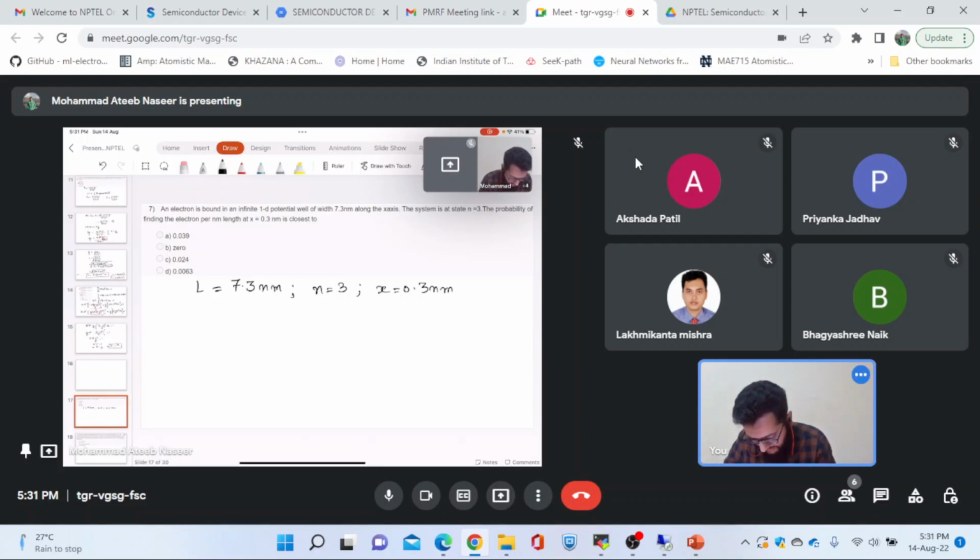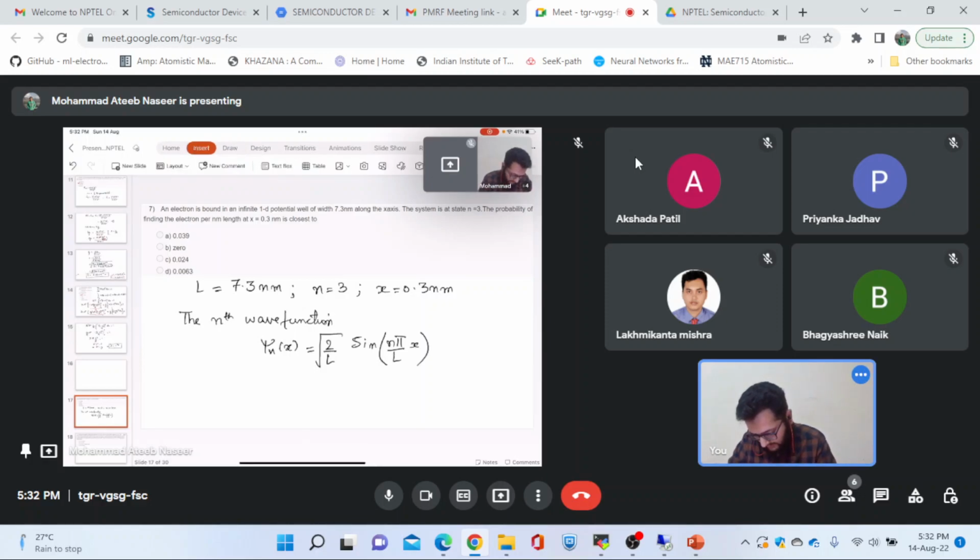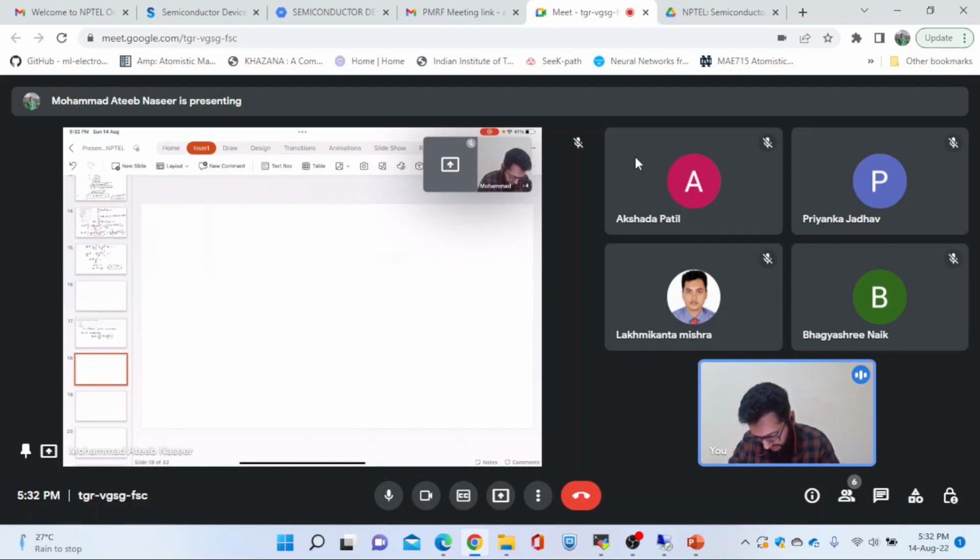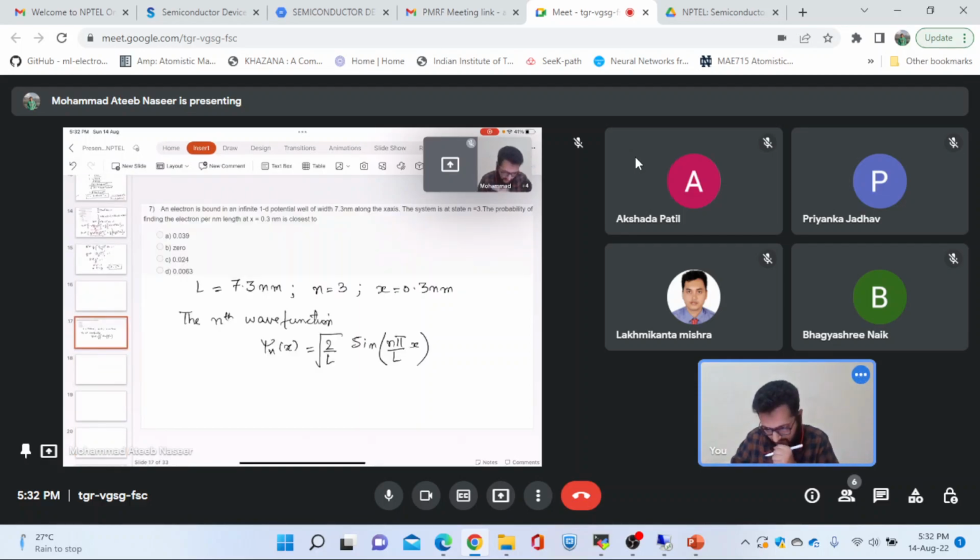So we know this nth wave function, we can write the solution psi n of x that we have seen in previous live sessions as well. It is simply equal to root of 2 by L sine of n pi by L x. So this is the simple solution for the nth state. Now we are required to find the probability.